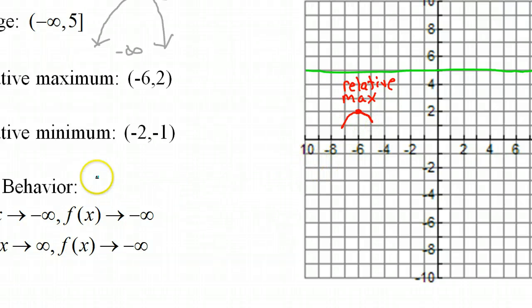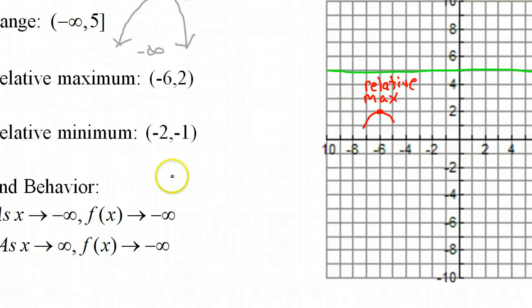Okay? And then there's supposed to be a relative minimum at -2, -1. So this right here should be the bottom of its own little dip. Okay, so there should be a little hill here and a little dip here, because this is supposed to be a relative minimum.